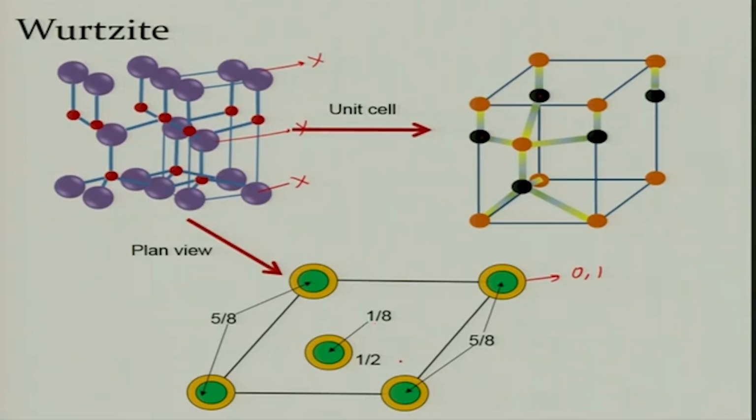Just like this atom is displaced from that atom by half, this atom is displaced with respect to that atom by half. You can construct an HCP lattice by putting the corner at the green atom instead of the orange atom, because it is an HCP lattice. So, M is also HCP and X is also an HCP lattice.